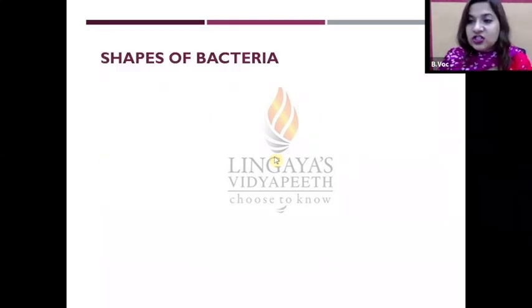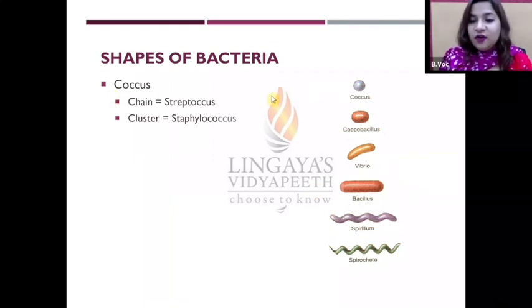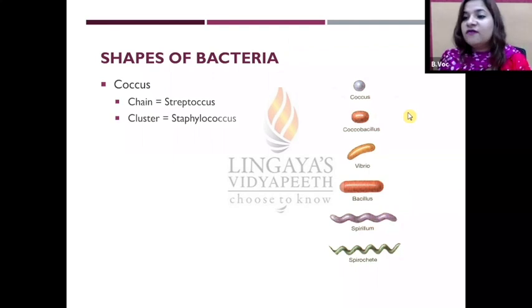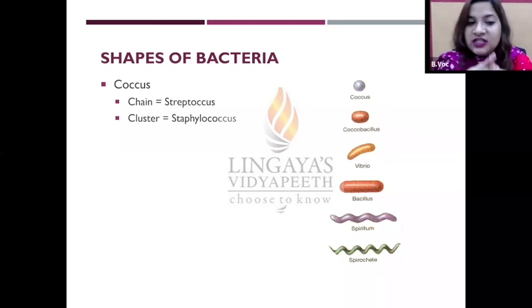Now talking about the shapes of bacteria, what shapes of bacteria are there. You can see the different shapes of bacteria there. All right. So first of all, bacteria are classified into different classes on the basis of their shapes. So there are different classes such as cocci. Cocci are the ones which have round shape. All right. So bacteria which are of round shape are called cocci or coccus.